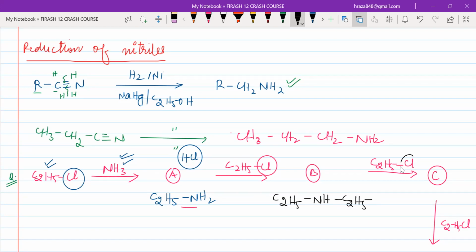Then again reacting with this chlorine and hydrogen will be removed, and you can see this become tertiary C2H5N, and there will be C2H5, and then there will be C2H5. Are you getting my point?